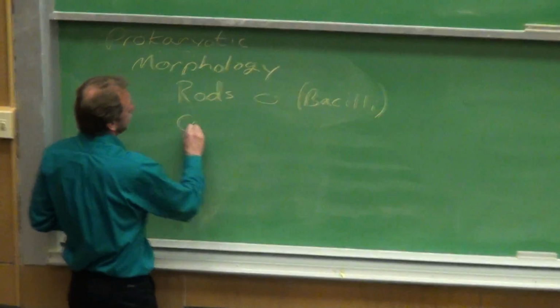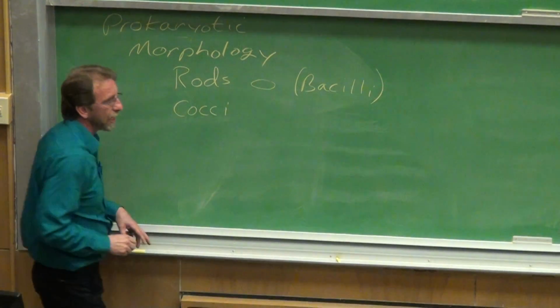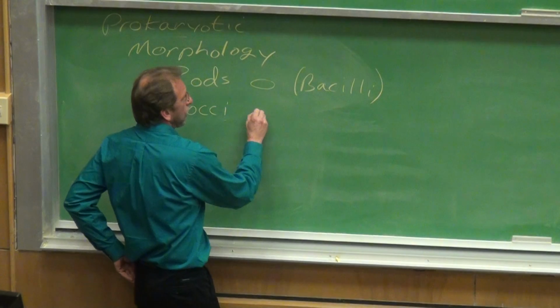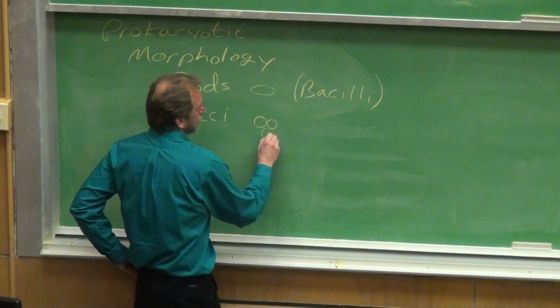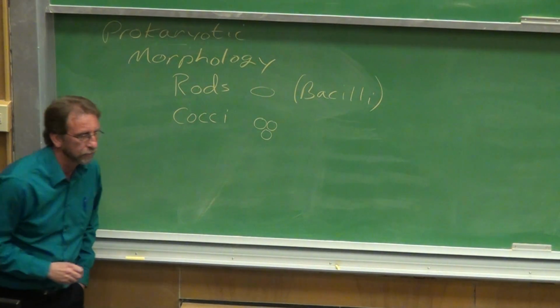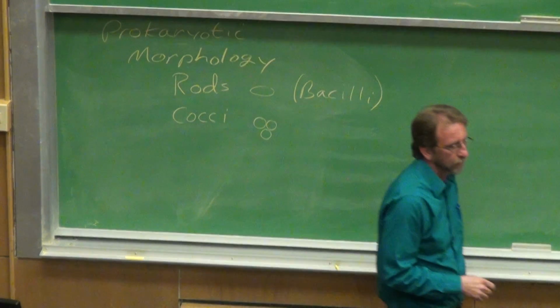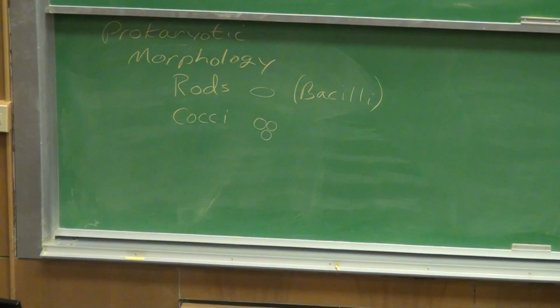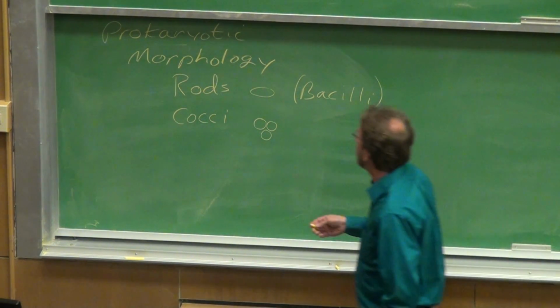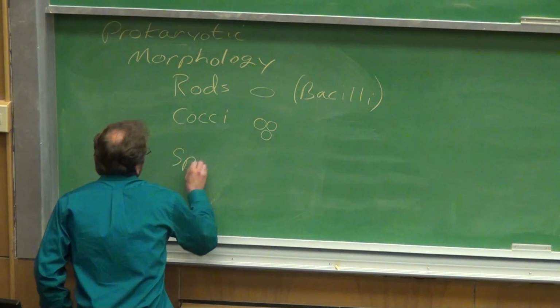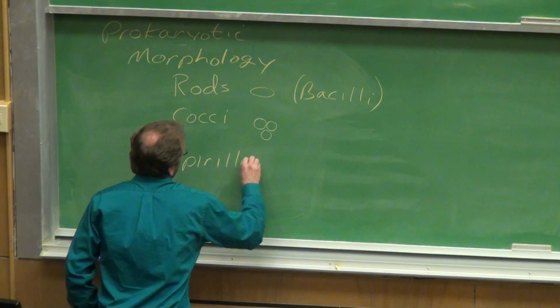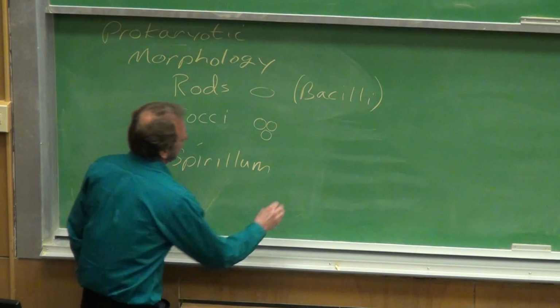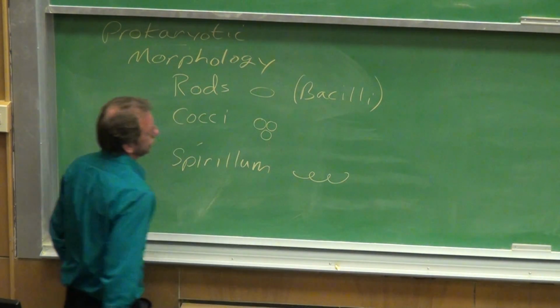Then there are cells that are cocci. These cells then are spheres. And then you have cells that are spirillum. And these kind of corkscrew.